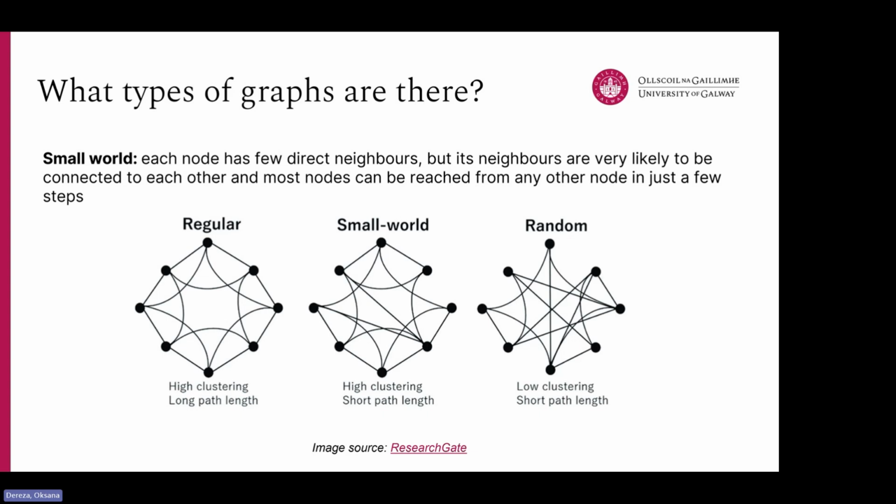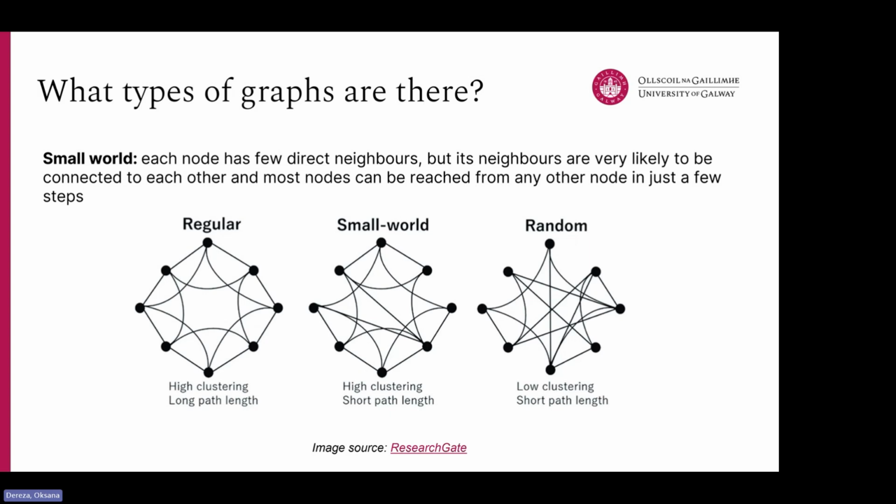So we can think of the six handshakes theory. Like we all know each other, every person in the world in six handshakes. So that's what is behind that kind of graph. A node doesn't necessarily have many connections itself, but a path from this node to any other node is quite short. And here it is in the center, in between a regular graph, with a high clustering coefficient and long path length, and a random graph where all the connections are random.